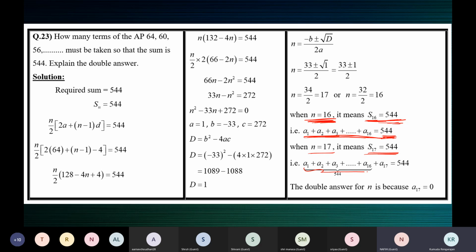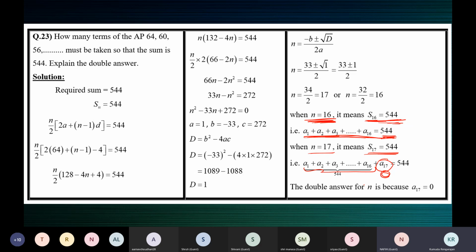We know that the sum from here to here is 544, plus A17 is equal to 544. That means 544 plus something is 544, that means this is 0. 544 plus 0 is 544, which means A17 is 0.